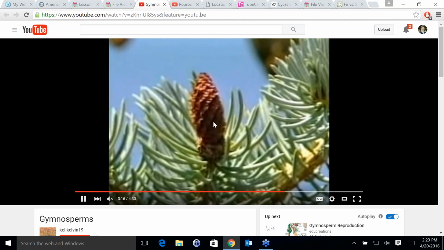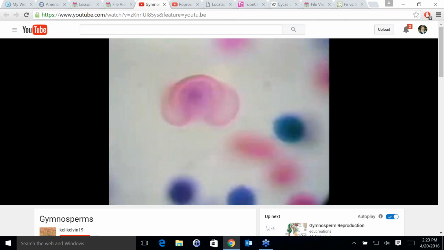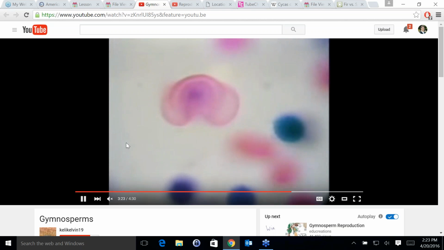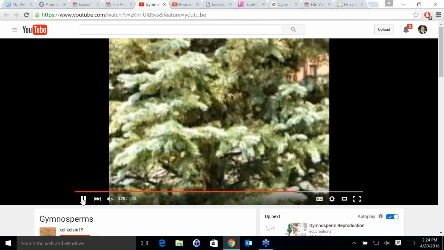Here we see the female cones are usually on the top, and the male cones are kind of fuzzy and brittle. You touch them with your hand and they separate. They produce the pollen, and this is an image of a pollen grain. It has little wings that allow the pollen grain to fly through the air.